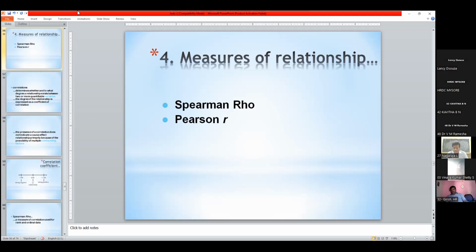Whereas parametrically, we talk about Pearson's correlation or product moment correlation. So for non-parametric data, we have Spearman's rho for rank data, and for quantitative data, we have Pearson's r or Pearson's product moment correlation. So these are the measures of relationship.